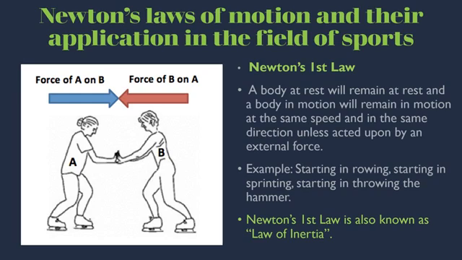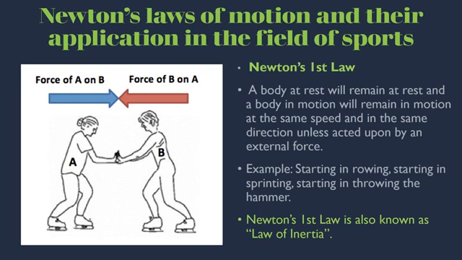Here are some examples of how we use this law in the field of sports: starting in rowing, starting in sprinting, starting in throwing the hammer. Let me give you one simple example.